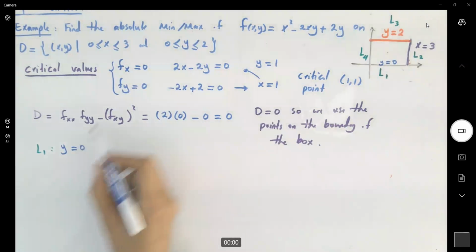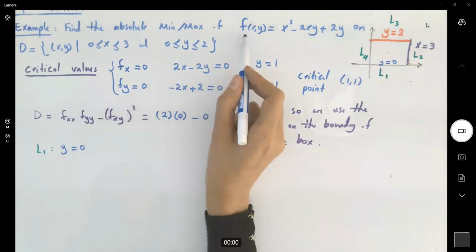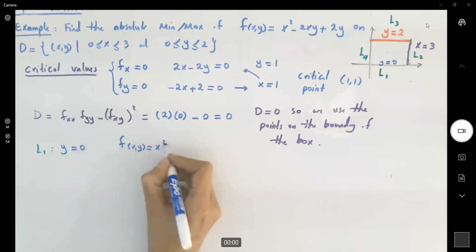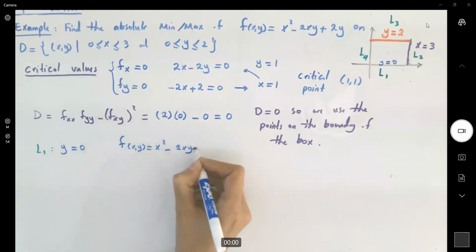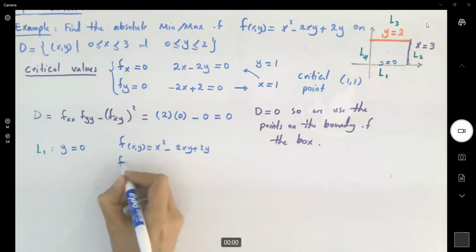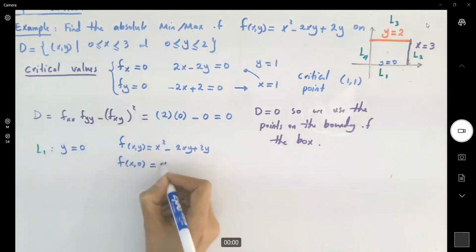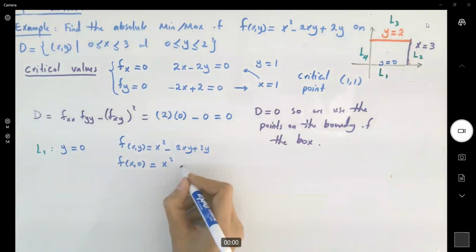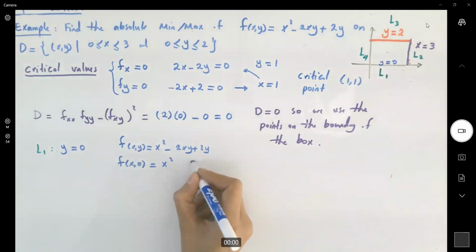So take a look at your function. f of x and y is equal to x squared minus 2xy plus 2y. f of x and 0 is x squared. Guys, I reduced my function to a parabola. Am I right? Elementary calculus.